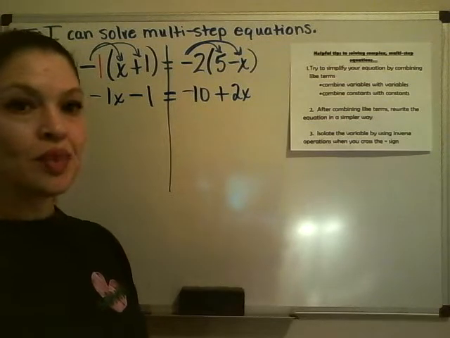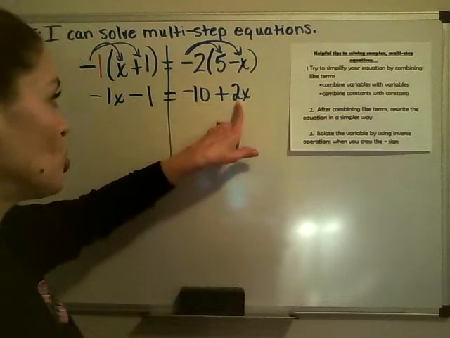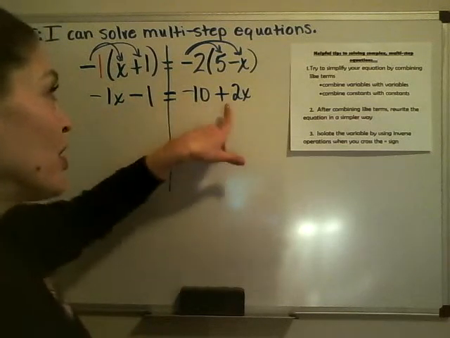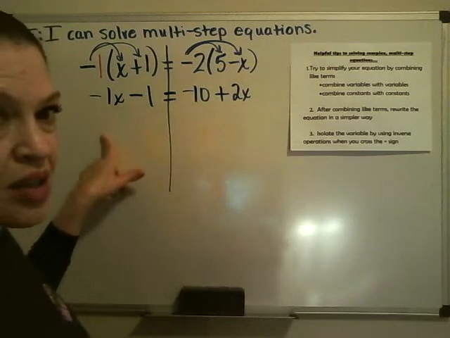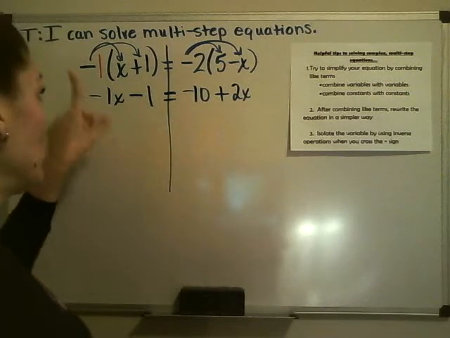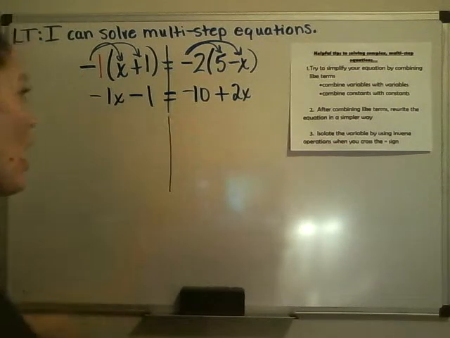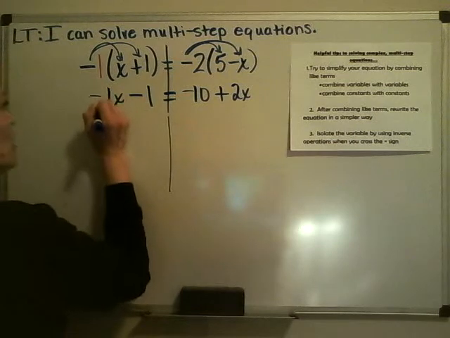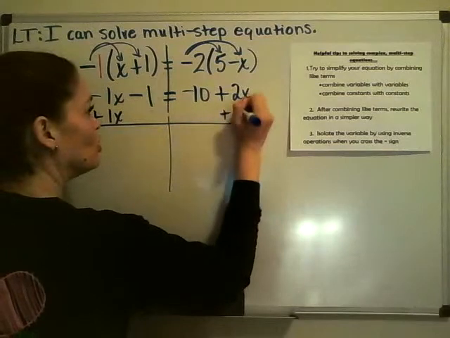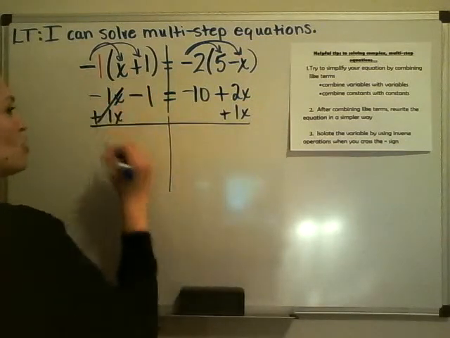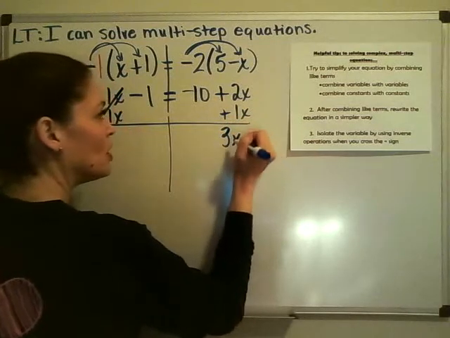Okay, strategize. Do you want to move the 2x over here? And then you will have to do subtraction of -2x. Or do you want to take this -1x and move it over here? I want to take this -1x and add it to my 2x. That cancels. 2x plus 1x is 3x.